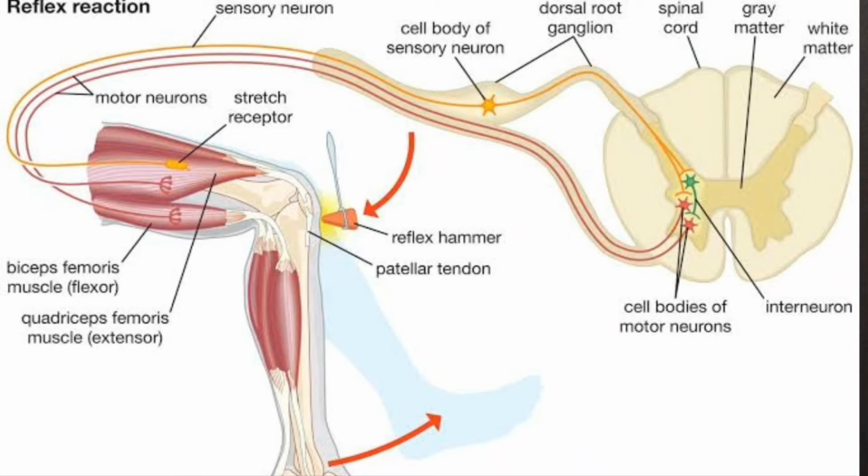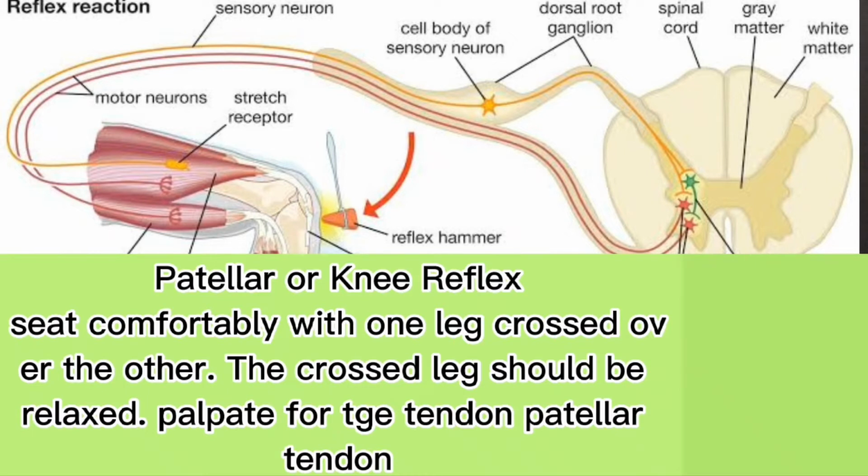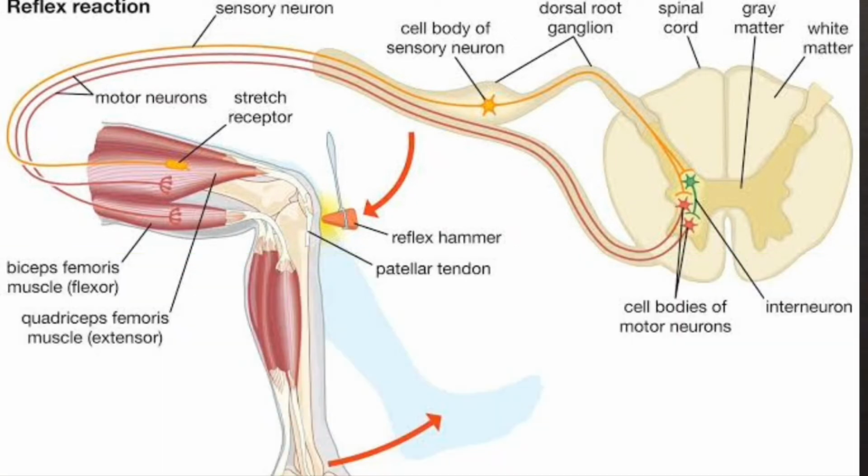This is illustrated with the subject comfortably seated with one leg crossed over the other. The crossed leg should be relaxed. Palpate for the patellar tendon, then strike it using a rubber mallet or reflex hammer.